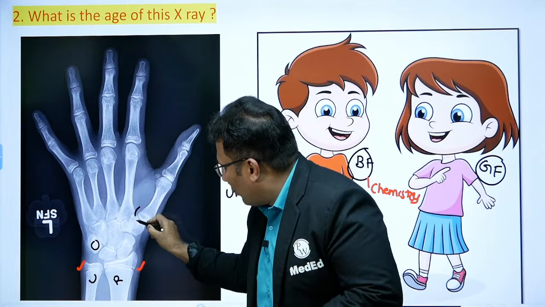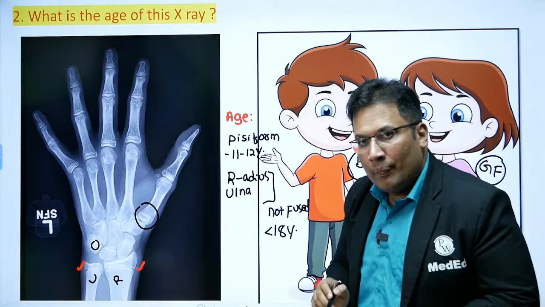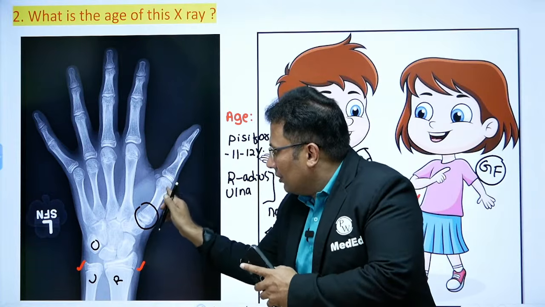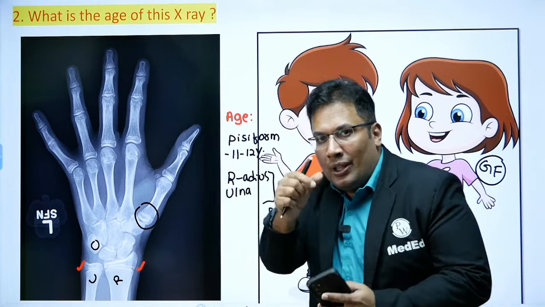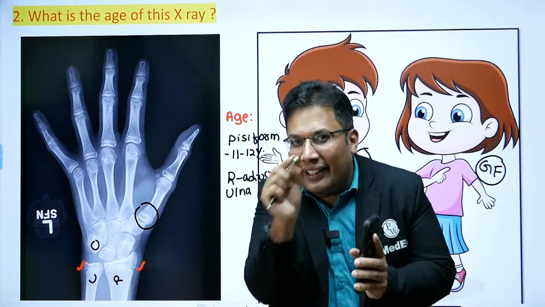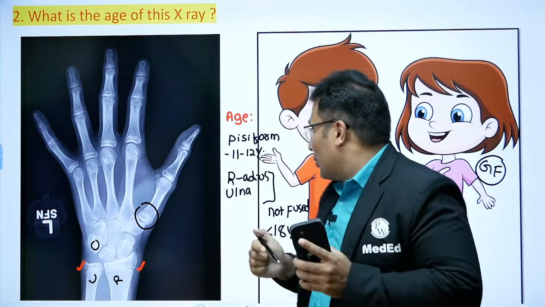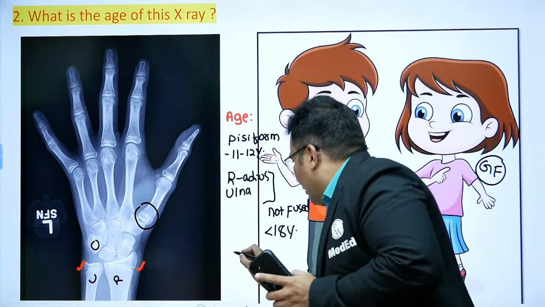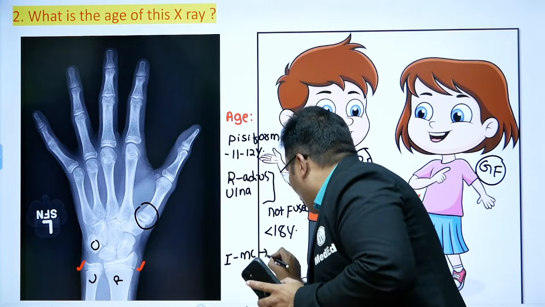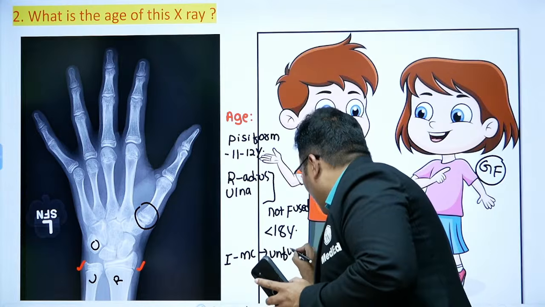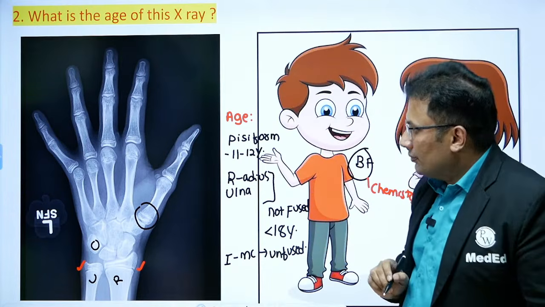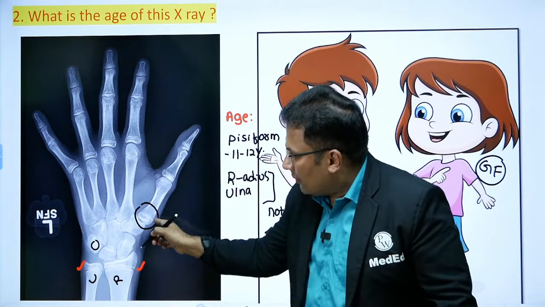Is it fused or unfused? You can see the clear line there. When you see a clear, dark line, that means unfused. So I'll write here, first metacarpal, unfused. You can see here it is unfused.